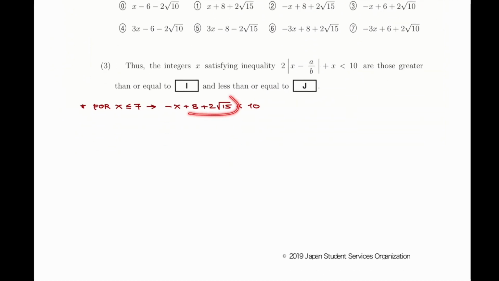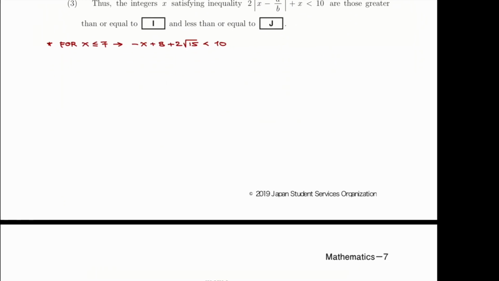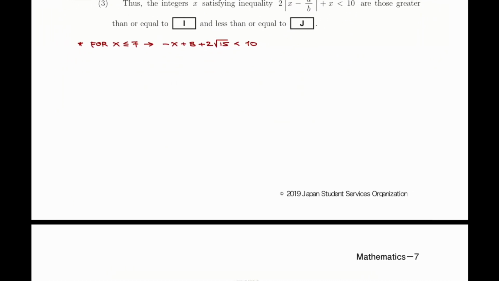Just move all the numbers to the right hand side. I will get negative x is less than 10 minus 8 minus 2 square root of 15. Since we focus on the integers, I can change square root of 15 to around 3.9.